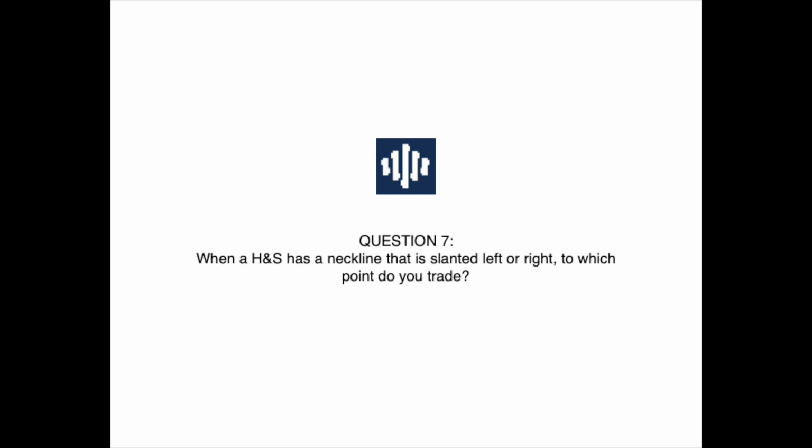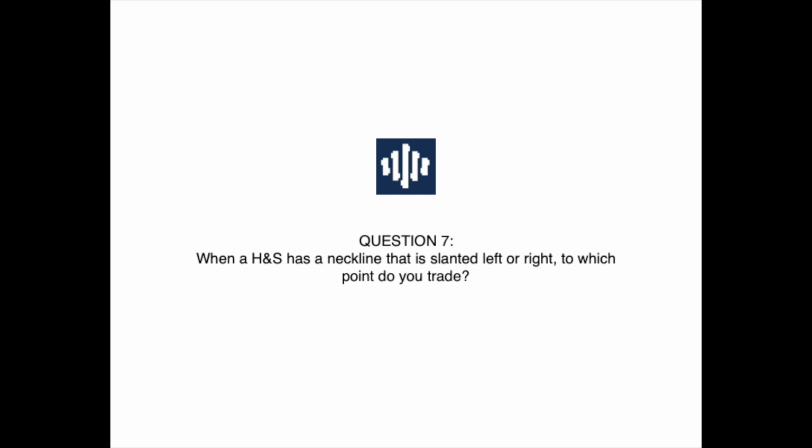When a head and shoulder has a neckline that is slanted left or right, to which point do you trade? So from a classical charting perspective, when a head and shoulder bottom has an upward sloping neckline, this is more bullish than any other head and shoulder.